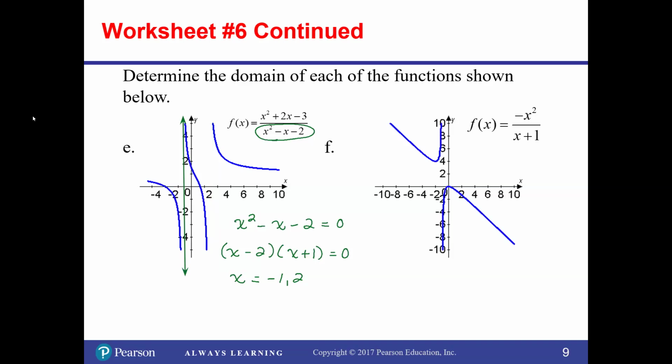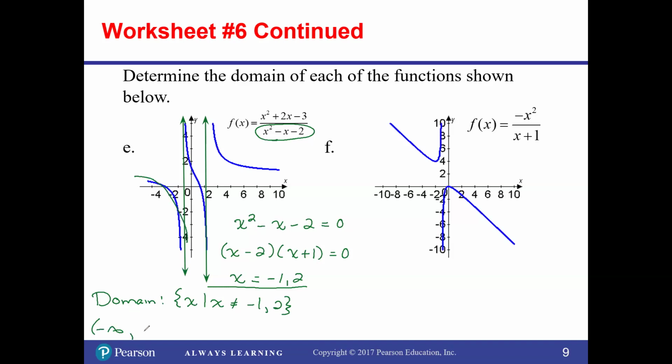So let me move this one to the correct spot. Once again, the domain is anything with the exception of x being -1 or 2, because that makes my denominator 0. Or we could say it's all this here.